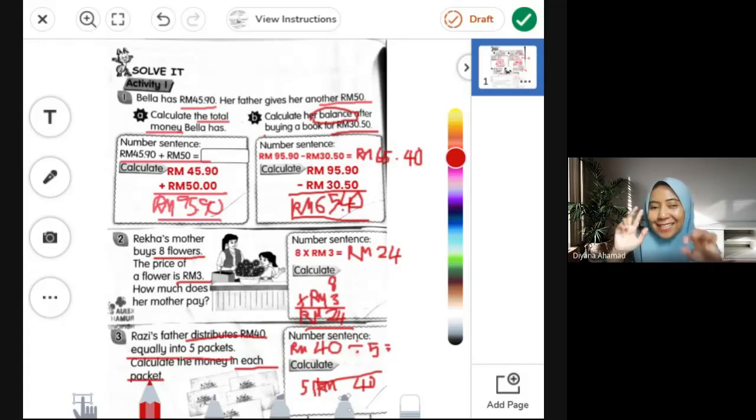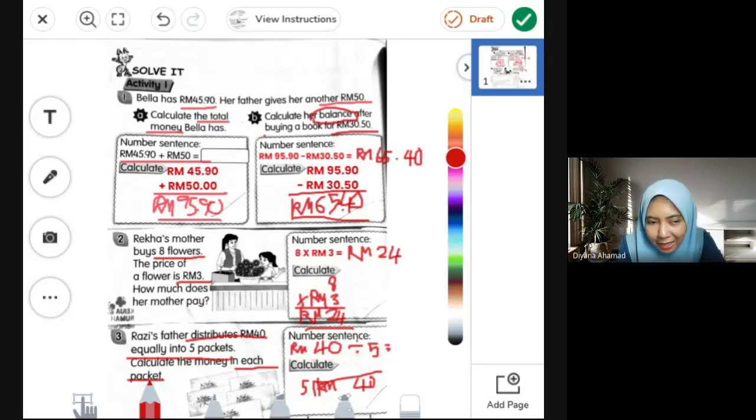The answer is 8, right? Look at your timetable: 5 times 8. You can count by 5 faster: 5, 10, 15, 20, 25, 30, 35, 40.